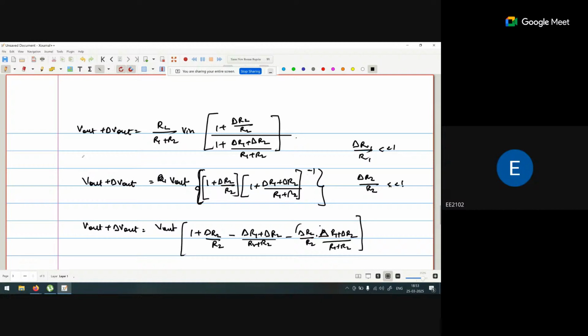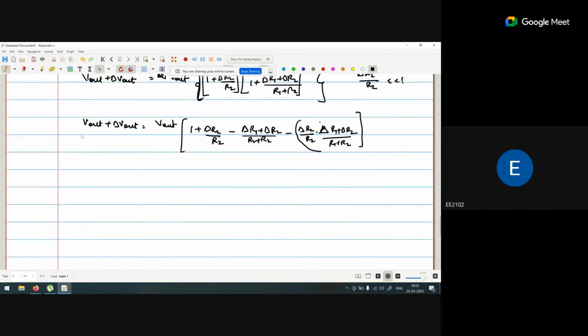Because this multiplication term is in the square form, delta R multiplied by delta R is a square term, so I can neglect this. Okay, so this is the term.